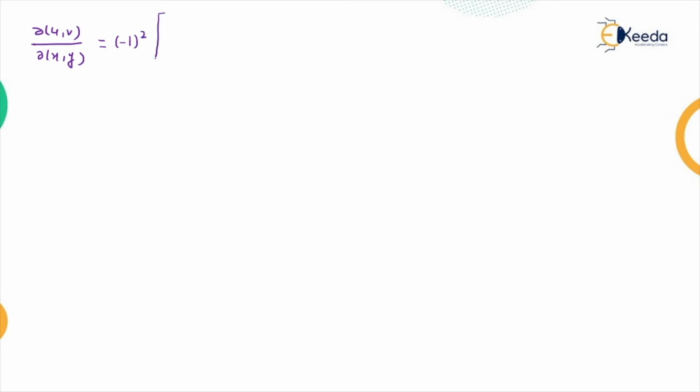But what is the numerator and what is the denominator? The numerator is ∂(f1,f2)/∂(x,y).